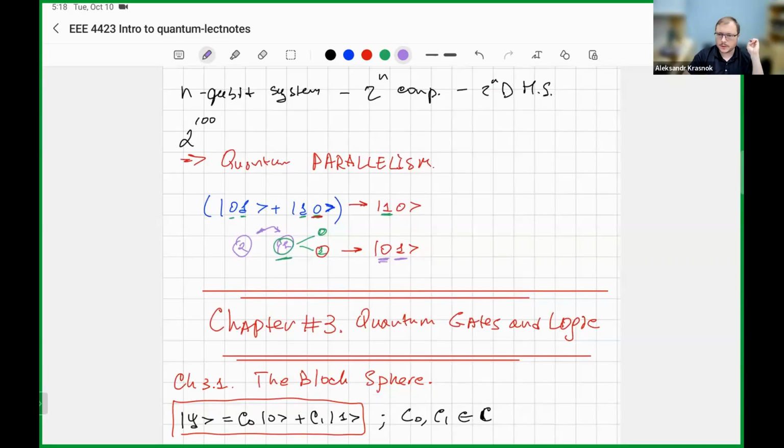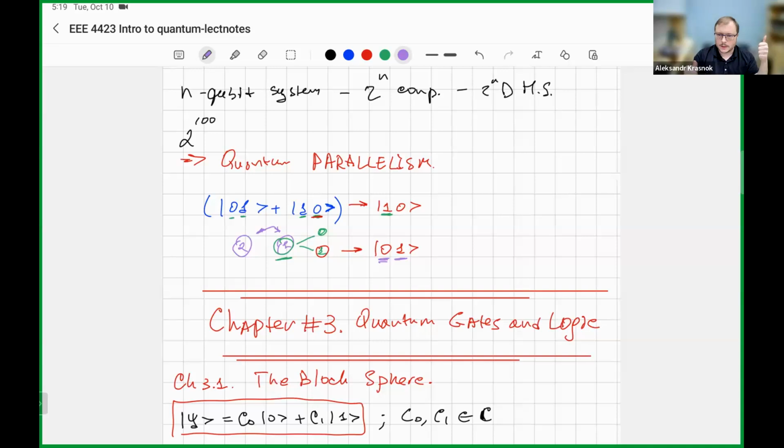Quantum parallelism means that a single qubit, in contrast to the classical bit, which is either 0 or 1, is a system that is represented in both states simultaneously. And measuring the qubit, you can get either one with different probability.